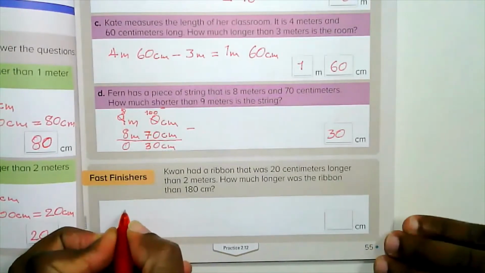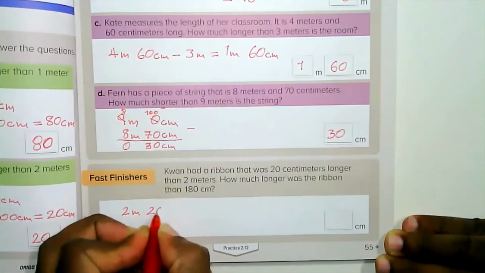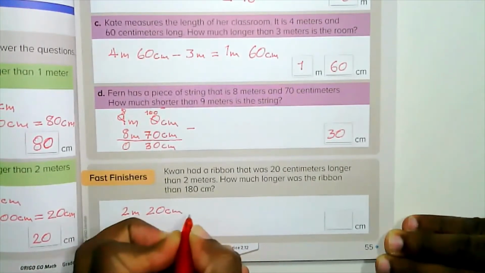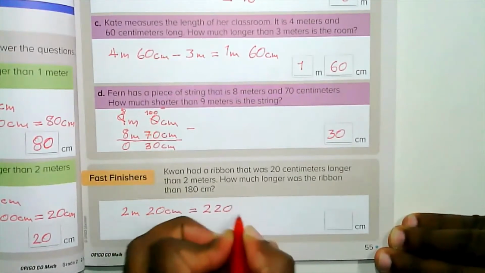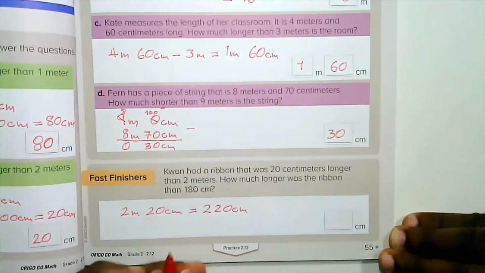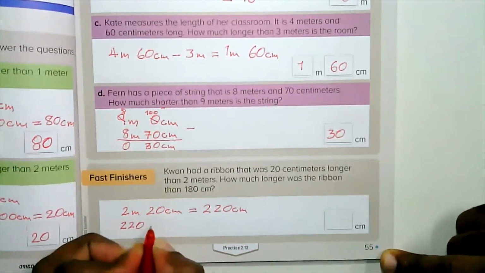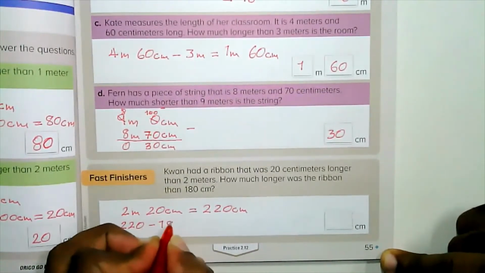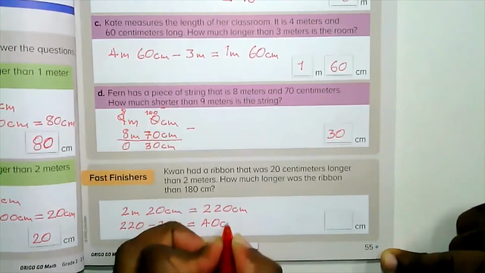So we have 2 meters, 20 centimeters, which is equal to 220. So 220 minus 180, which is equal to 40 centimeters.